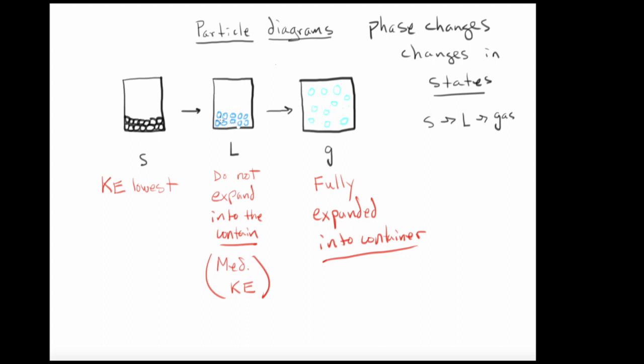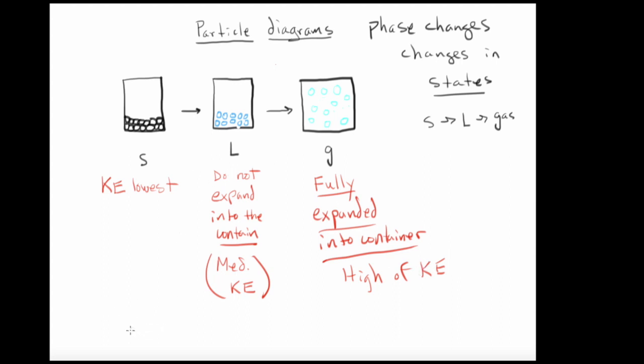Both of them have spaces between the particles, but the gas is fully expanded into the container, and the gas is always going to have the highest level of kinetic energy by comparison to the other two options.